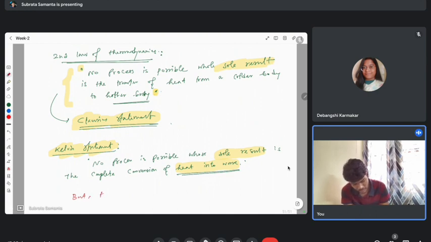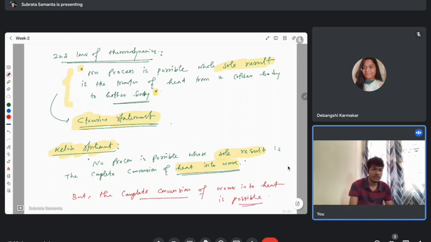The complete conversion of work into heat is possible.